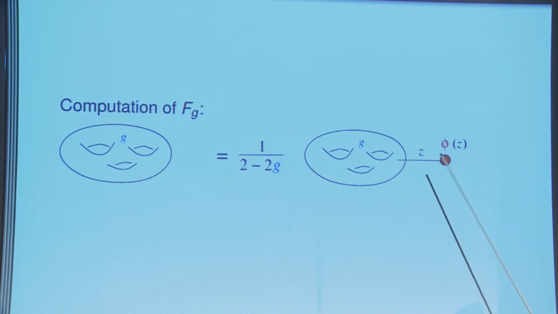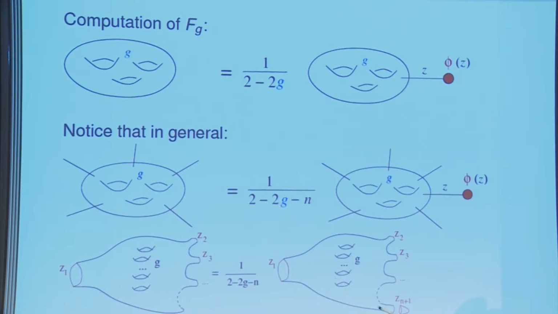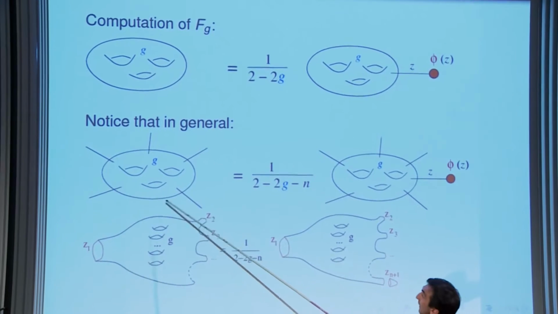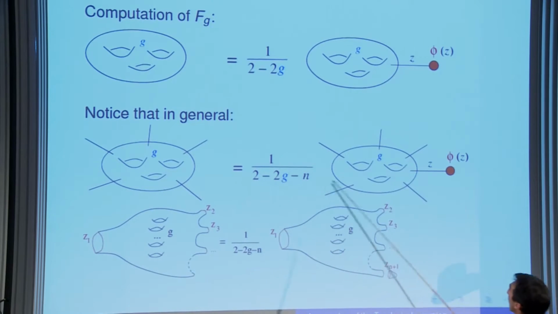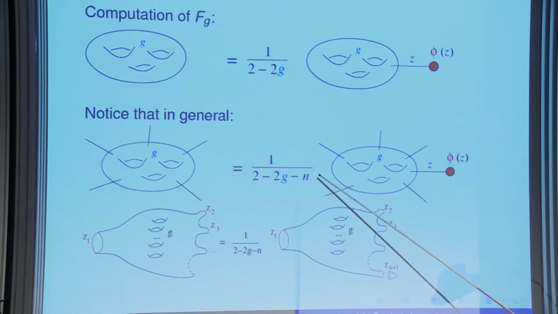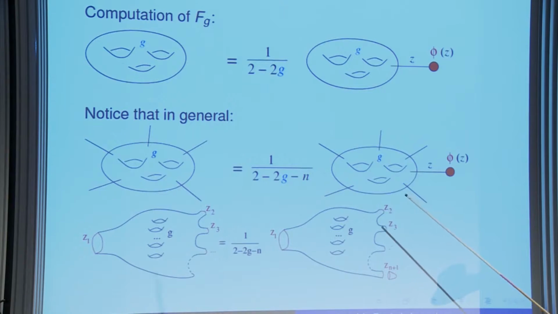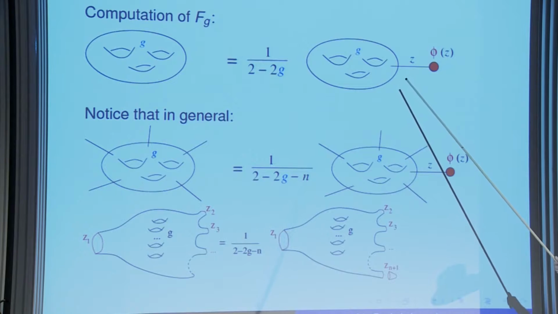Glue means you integrate, you take the residue, and divide by 2 minus 2g, and that defines Fg. This is only a special case of the dilaton equation. In general, omega g,n is equal to omega g,n plus 1, where you have glued phi to one of the legs, integrated, and divided by 2 minus 2g minus n. This is true for every n positive, and in fact, the Fg case is just the case n equals 0.